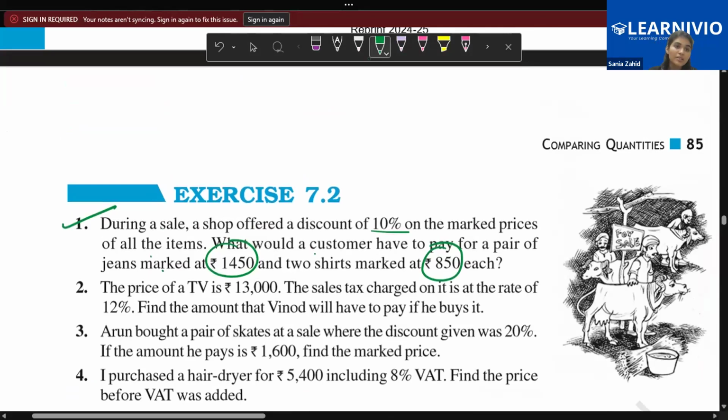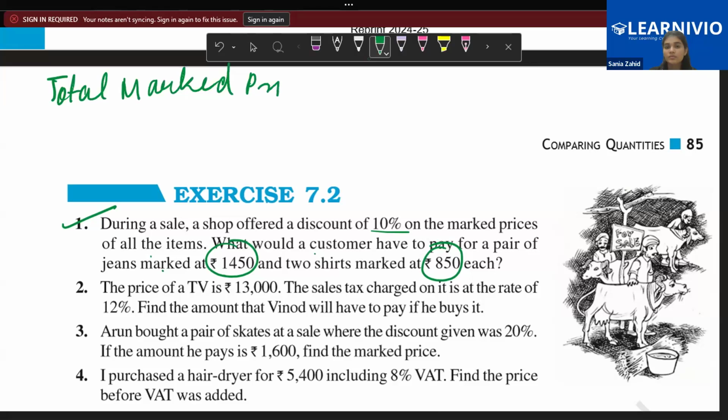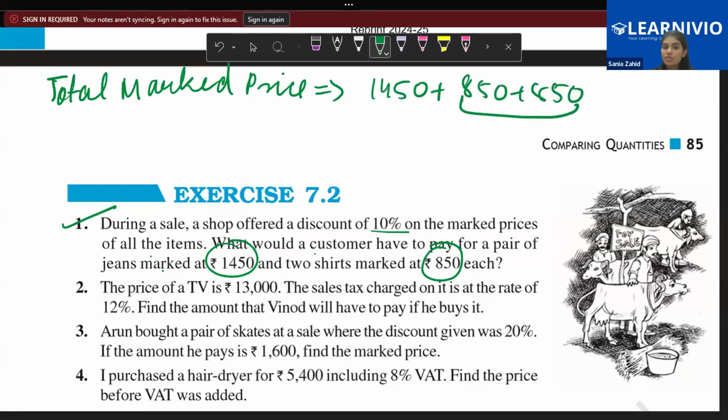The total marked price is 1450 plus 850 plus 850 again. Why? Because there were two shirts. So you calculate the total marked price.